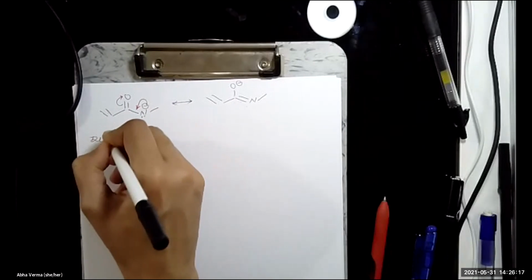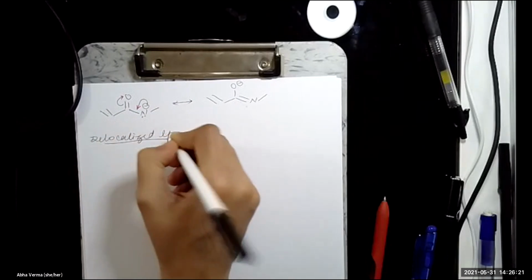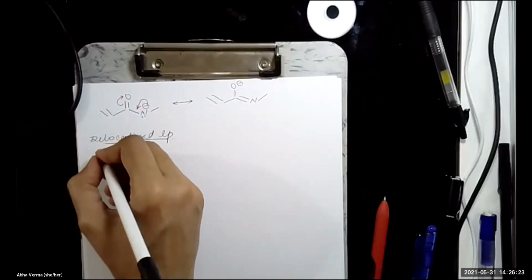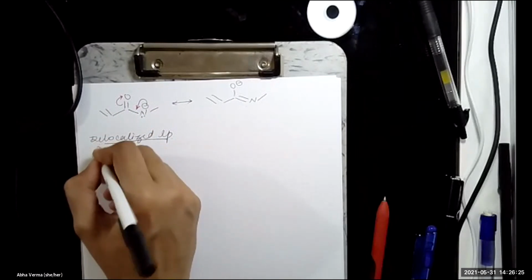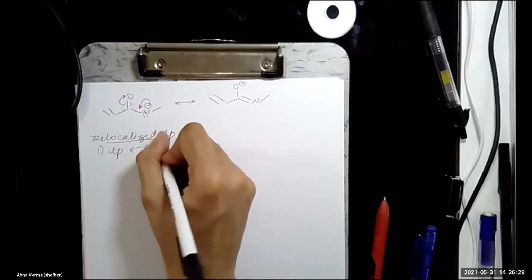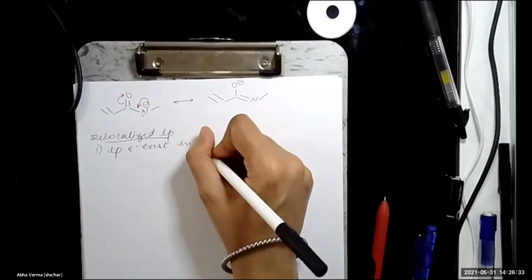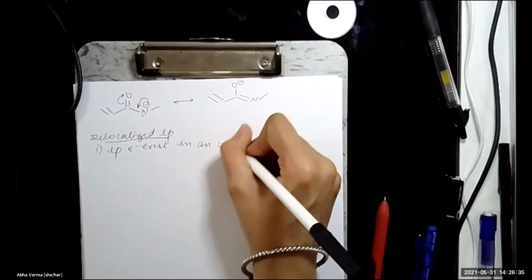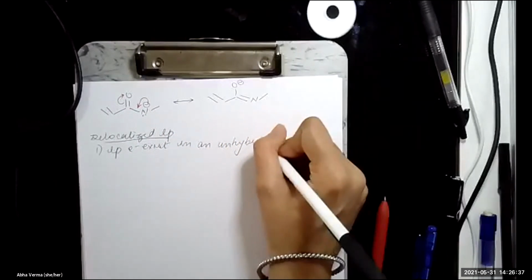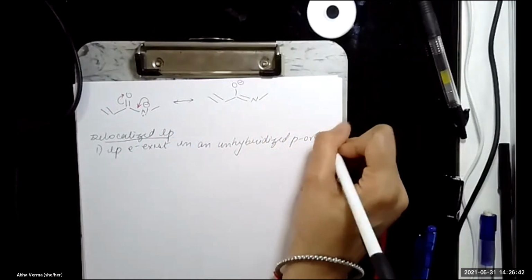So let's look at some delocalized lone pairs. First of all, the lone pair electrons must exist in an unhybridized p orbital.